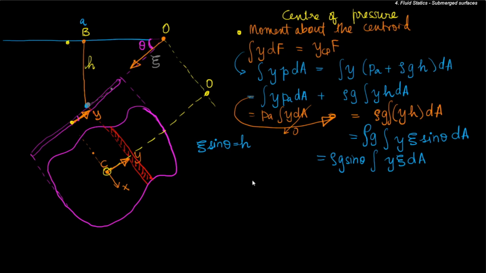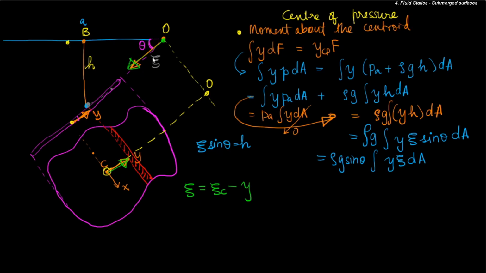Moreover, we can write down the following based on this particular coordinate system, based on xi being measured from this point and y being measured from this point. Okay, so xi is equal to xi centroid minus y.